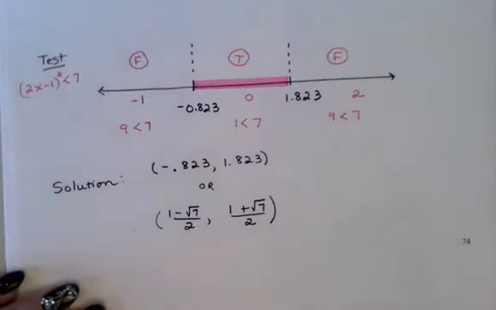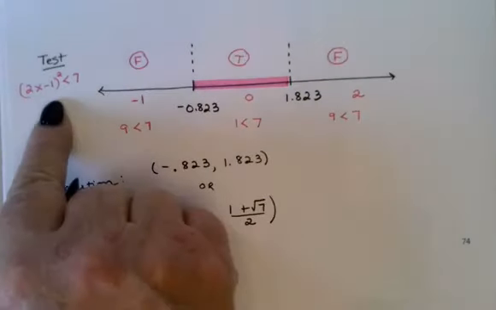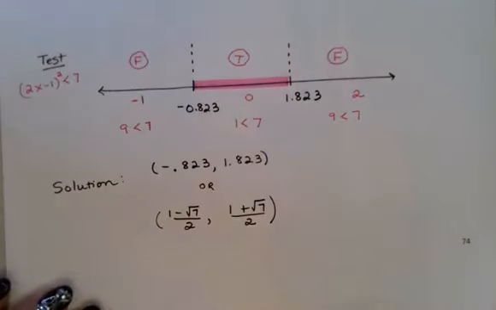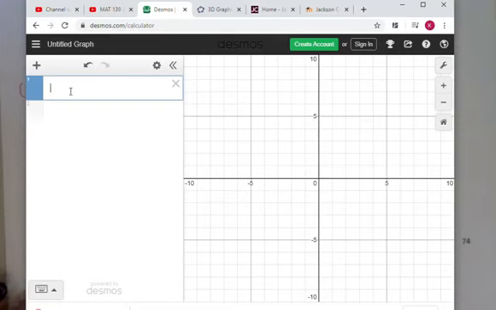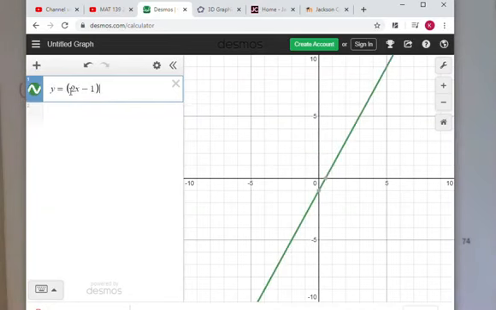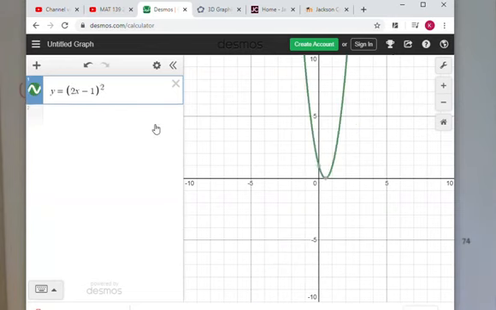All right, let's go ahead and take a look at the same inequality graphically. I'm going to flip over to Desmos. And I'm going to graph the left-hand side, 2x minus 1 squared. And then the right-hand side, just y equals 7.